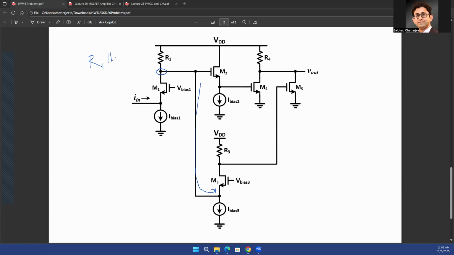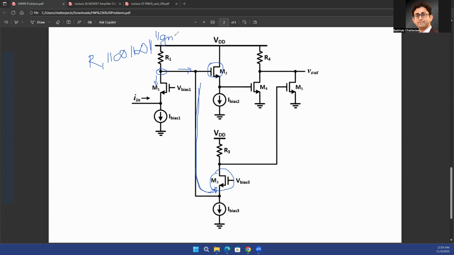in parallel with infinite resistance, which is basically the resistance looking into the drain of this transistor. Then on the right side, you see another infinite resistance, which is the gate of the transistor M2. And then in parallel to all of that, you'll see the resistance looking into the source terminal of M3, which is 1 upon GM.